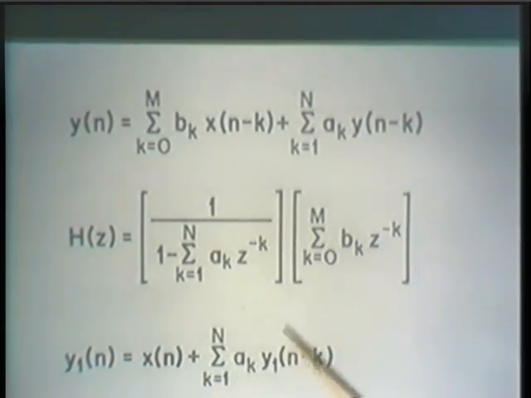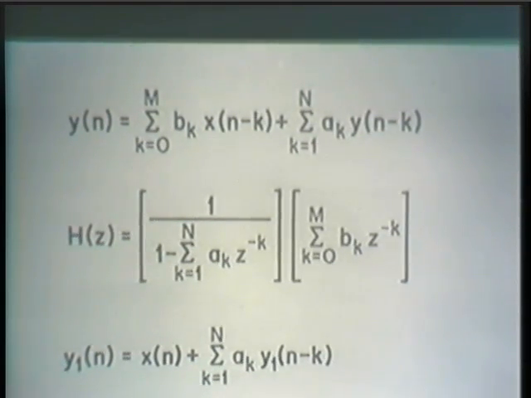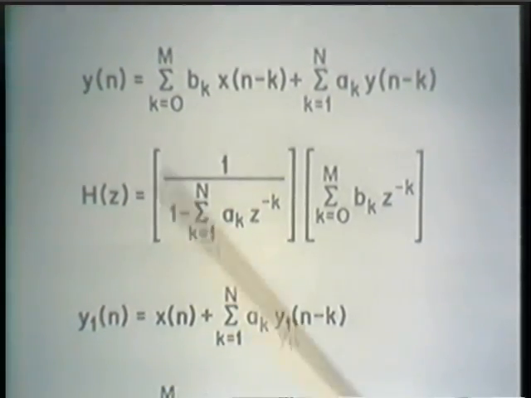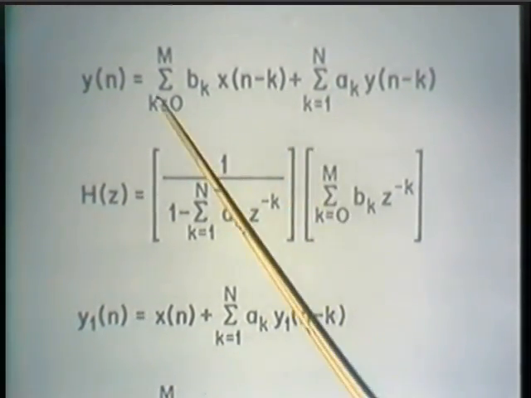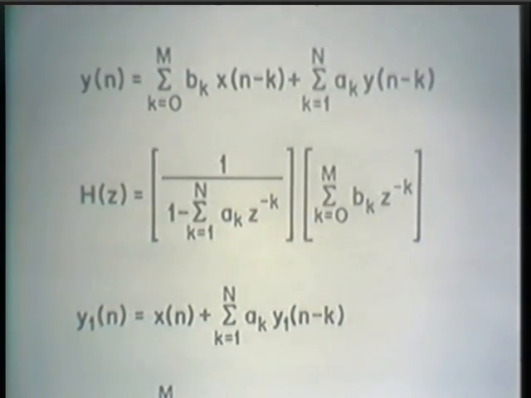To interpret it in terms of the difference equation is slightly more involved, but basically, and very quickly, what it involves is first implementing the difference equation in which we consider that the input is just x of n rather than a weighted sum of delayed x of n's, to implement the output y1 of n.